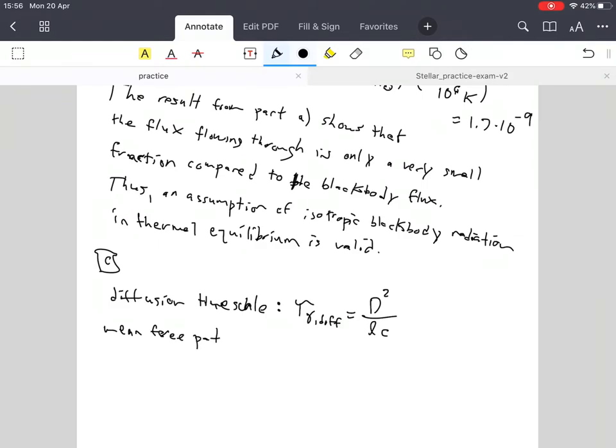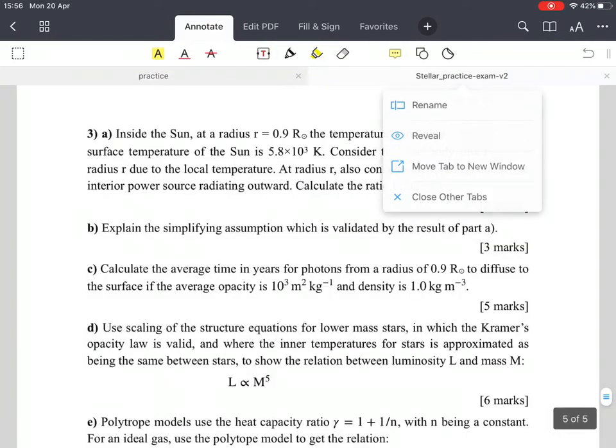However, we have a formula for that, which is L is 1 over n sigma, where n is the number density and sigma is a cross section.